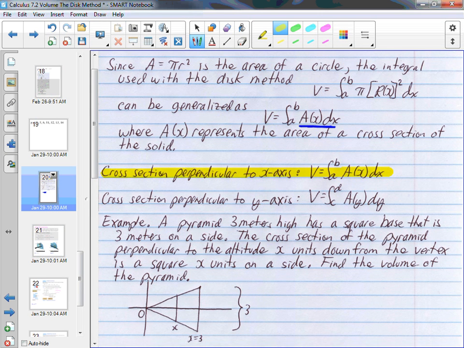And the volume of that solid will be the integral from a to b of the area as a function of x dx. And if the cross-section is perpendicular to the y-axis, the volume will be the integral from c to d of the area of that cross-section as a function of y dy. Remember, dx or dy, that's what makes it a solid. That's what gives it a height.